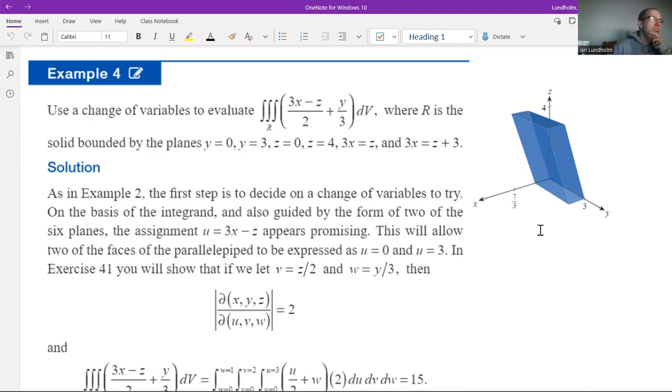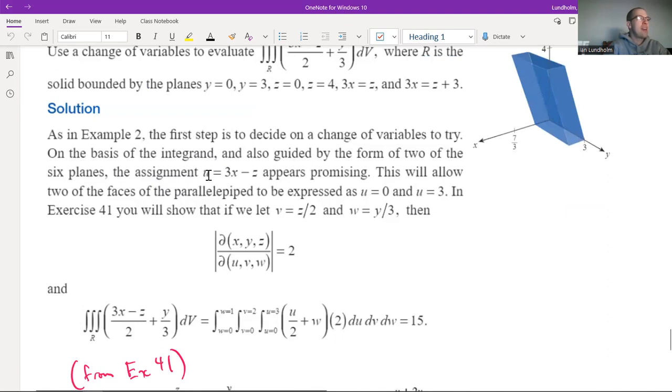So one of the things that makes this possible is that our functions of x and z have the same scale factor, I guess. Yeah, we're multiplying by the same thing here. We've got 3x is equal to z and 3x is equal to z plus 3. That 3x equal to z being common to both of those is going to allow us to make a change of variable to take that from a slanty kind of thing into an upright kind of thing.